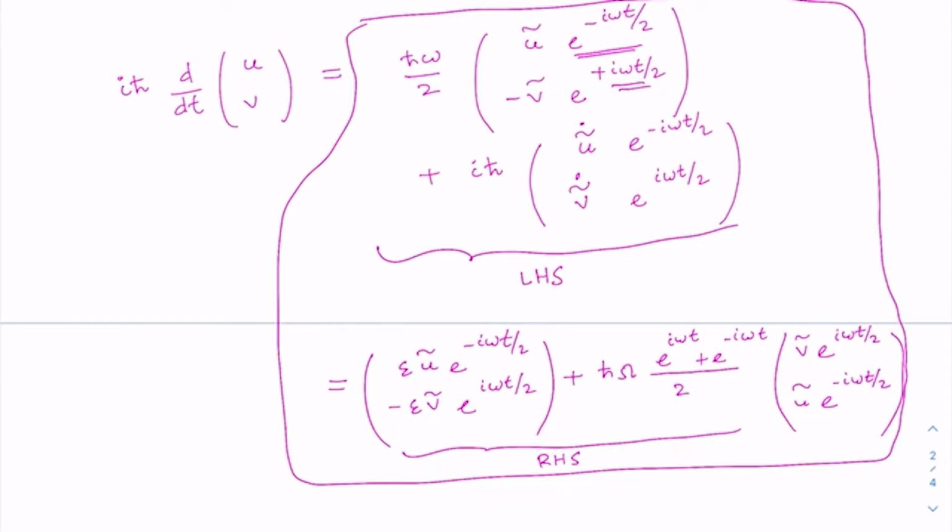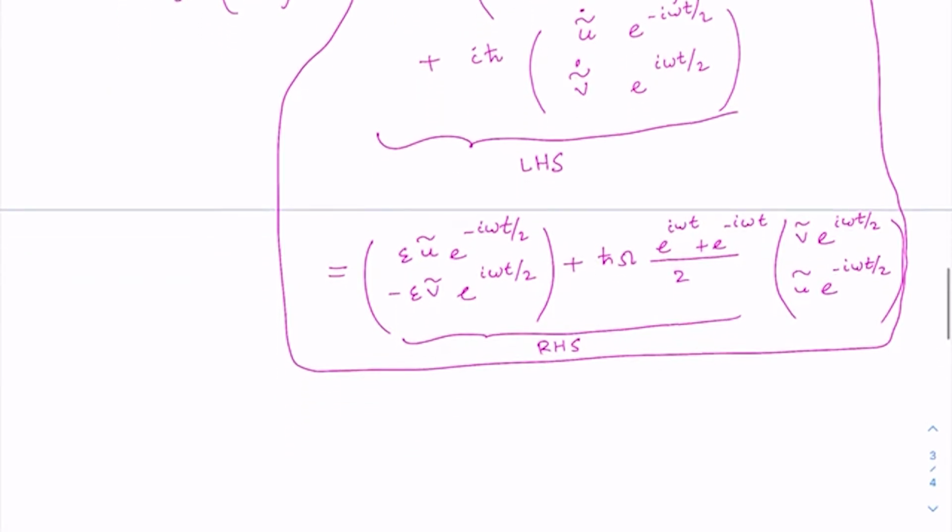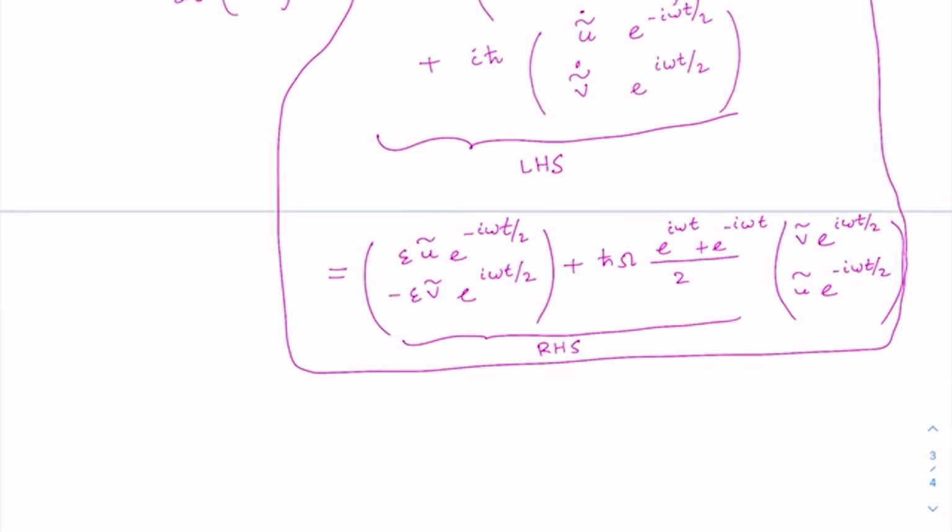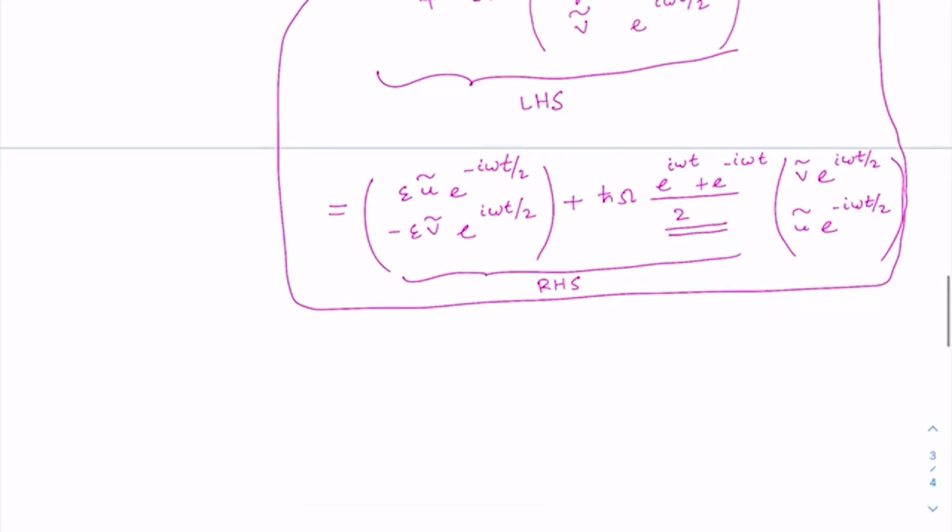Let me explain it a little bit more properly. If you look at this term, let me write here the right hand side again: epsilon u tilde e to the power minus I omega t by 2 minus epsilon v tilde e to the power plus I omega t by 2.